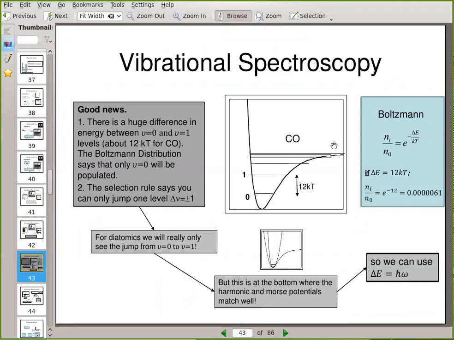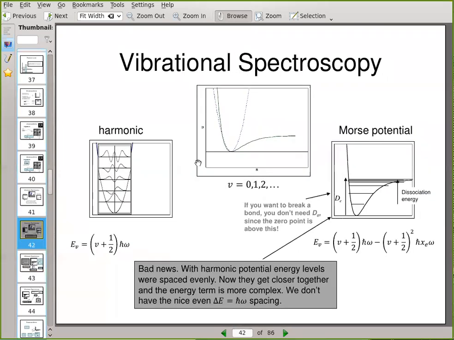Which means that if you did some spectroscopy on this, the maximum absorption would be from 0 to 1. There's a selection rule that says it can only jump 1, so the change would only be there. This part matches really well the bottom of this place.